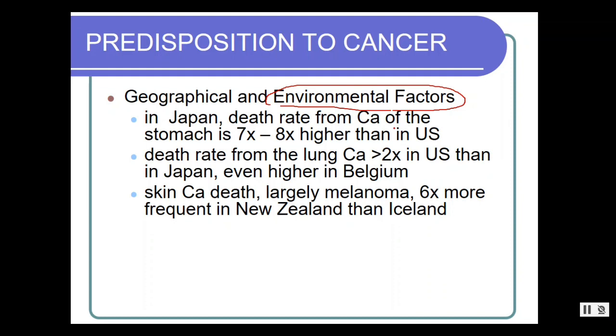Another is that lung cancer is 2 times more common in the US than in Japan. Well, that is probably because there are lots of smokers in the US compared to Japan, or even higher in Belgium. Skin cancer, like melanoma, is 6 times more frequent in New Zealand than Iceland. Well, if you analyze this one, in Iceland, there is no sun.